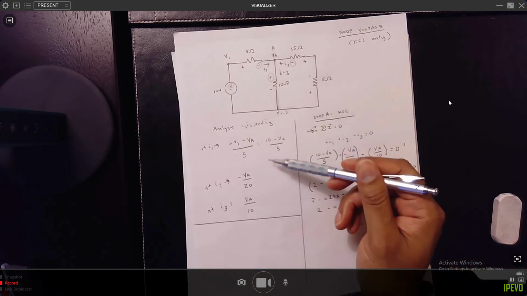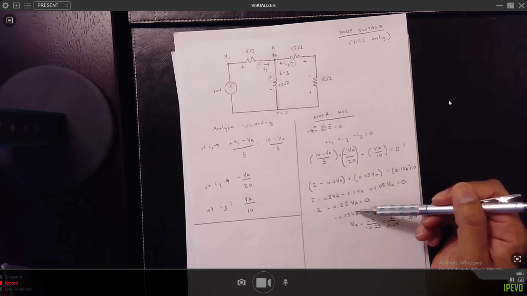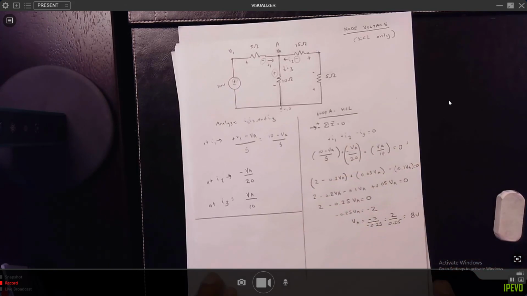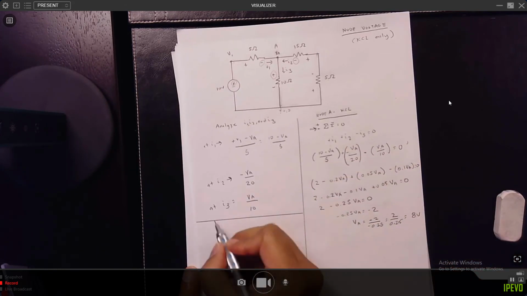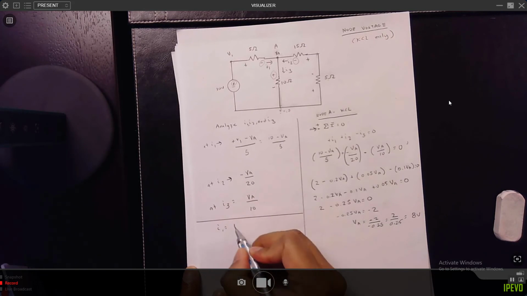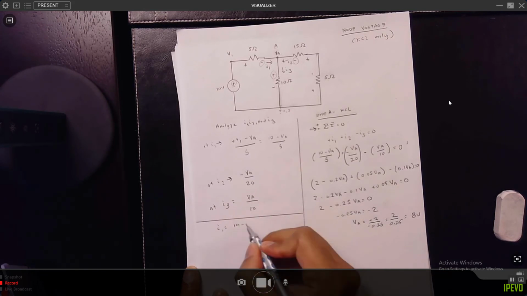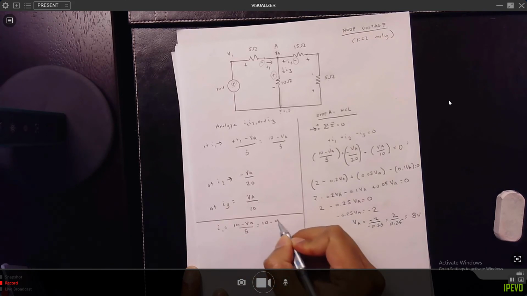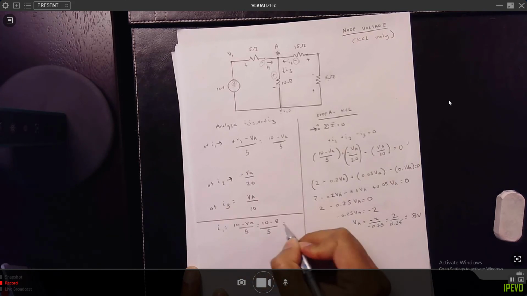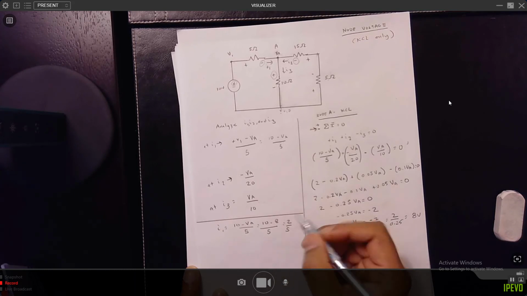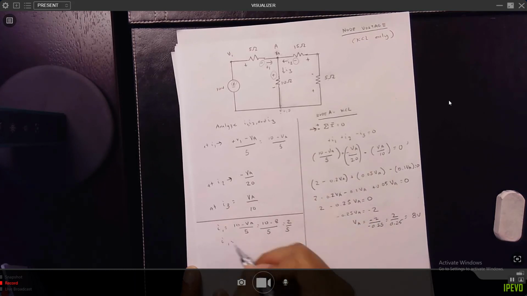So what we want to do now is just plug in the values. So I1 is 10 minus VA over 5, which is 10 minus 8 over 5, which is 2/5, which is what? I1 is, I think that's 0.4, right?